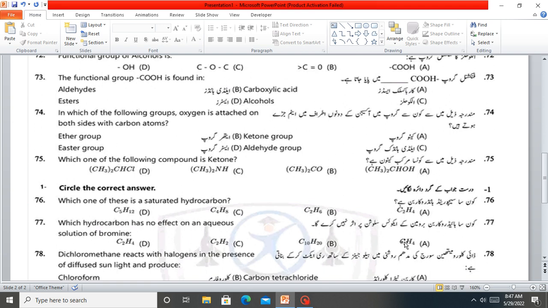No. But methane has no effect on bromine water. This is an alkene, this is an alkyne, and this is an alkene. So the answer is A. Methane has no effect on bromine water.